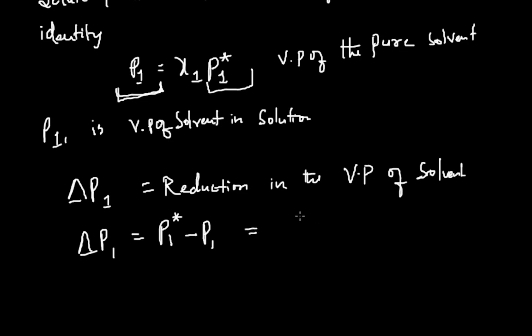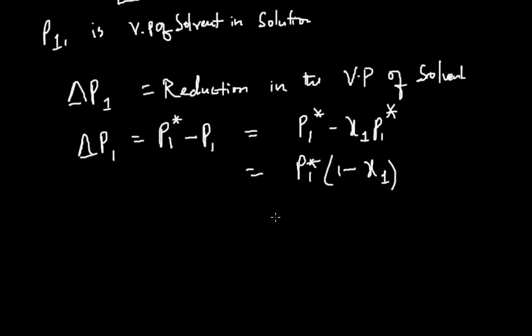So this is your P1 star minus x1 P1 star. So you take P1 star common, 1 minus x1, and your 1 minus x1 is x2.